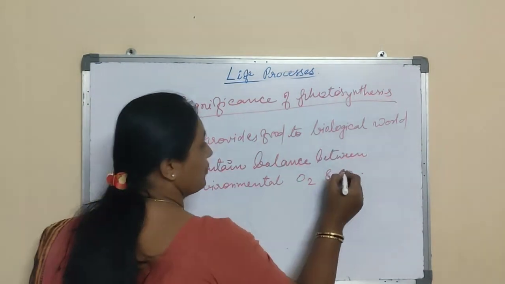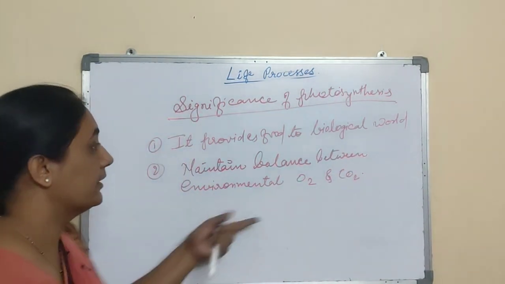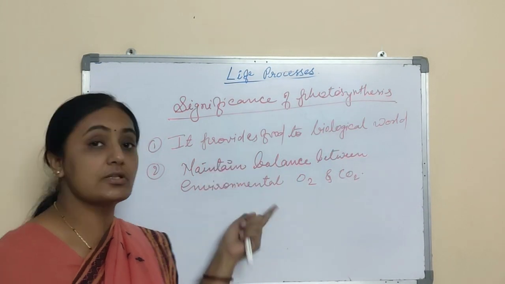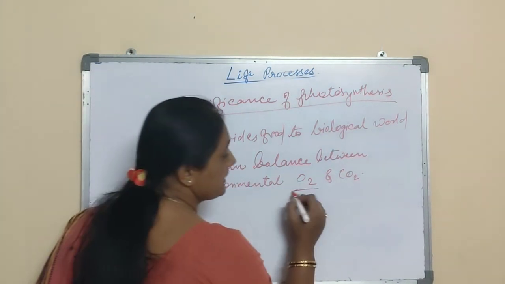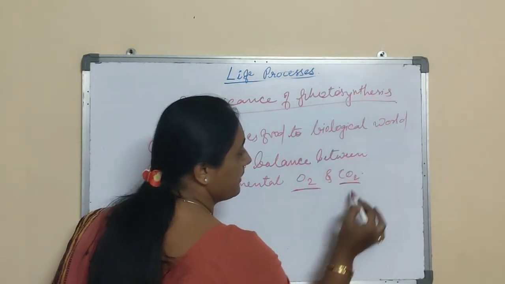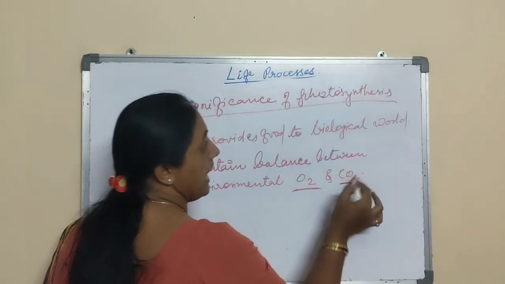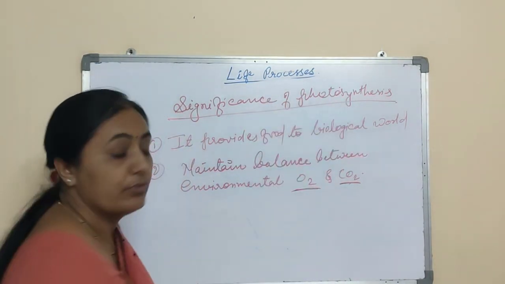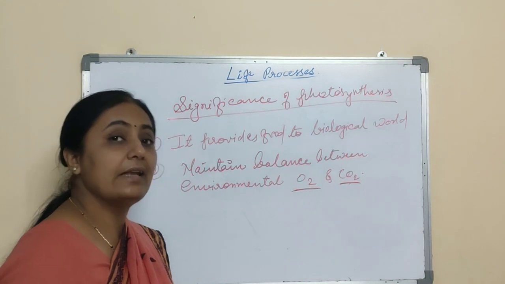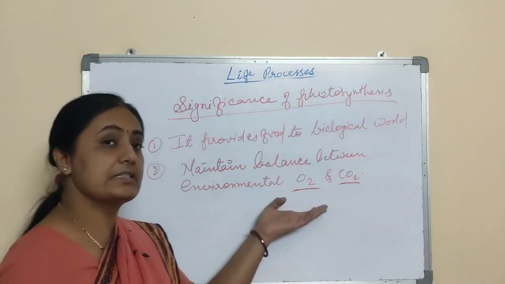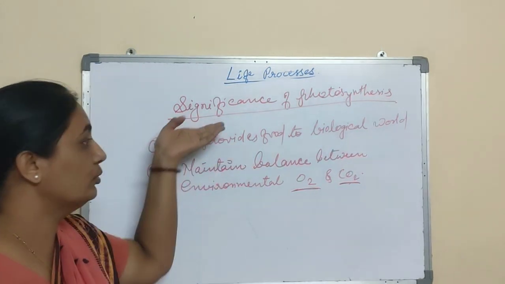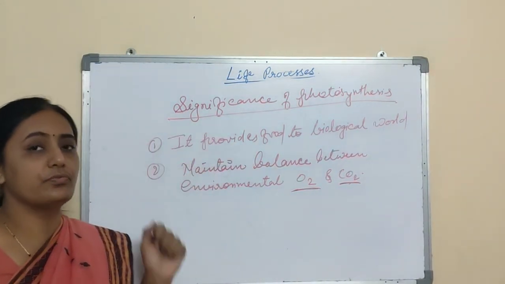Whatever the percentage of O2 and CO2 present in the environment, photosynthesis helps maintain the balance between O2 and CO2, because the process of photosynthesis releases O2 into the environment, and the carbon dioxide present in the environment is absorbed or utilized by photosynthesis only. So photosynthesis helps in maintaining balance between the two important gases in the environment, oxygen and carbon dioxide. So these are the two significances of photosynthesis.